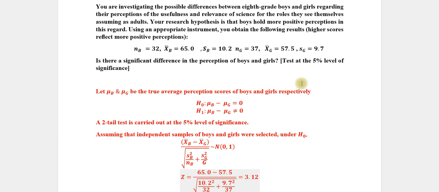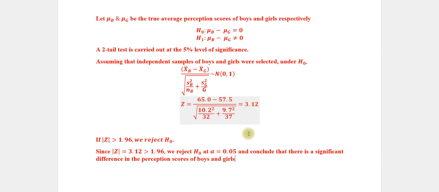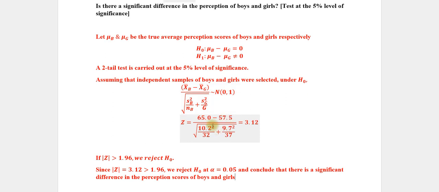And here we'll see that x bar g is less than x bar b. And you would have seen also that the z value that you got is positive here. If the z value you got is positive, it means that mu b minus mu g is greater than 0 somehow.